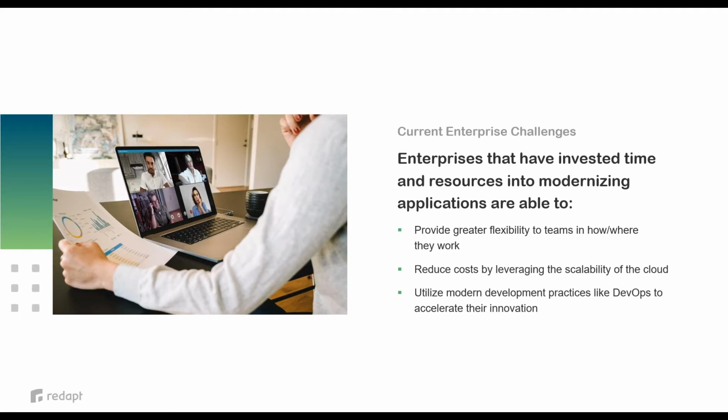How do we reduce cost by leveraging the scalability of the cloud, as well as how can we use the modern development practices that the other speakers were talking about today, like DevOps, Azure DevOps, GitHub, Jira, Jenkins, etc.? We have many tools available. How do you use that to accelerate their innovation? So you focus on what is needed, which is innovation, and not necessarily focus on the back-end portions and the cost and everything, which is taken care of for you automatically when you move to the cloud.